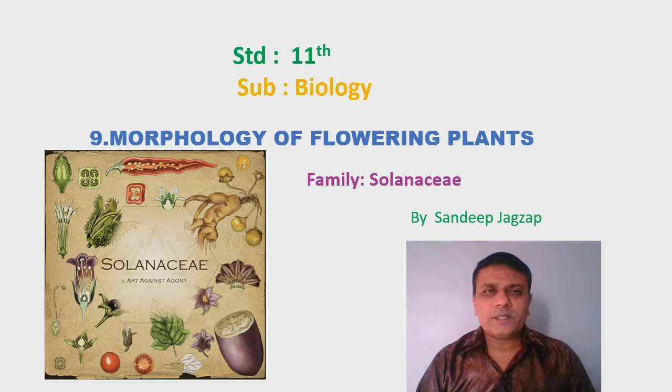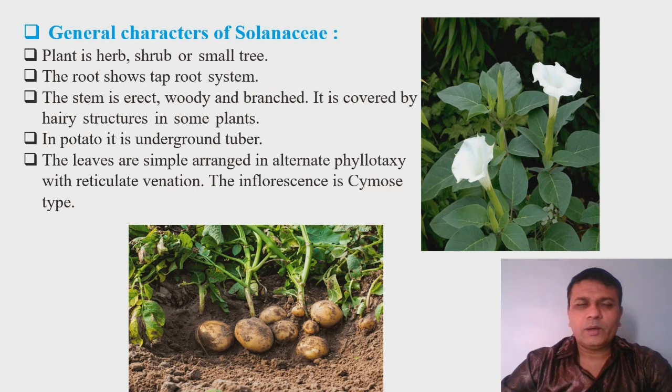Now, in this session, we are going to learn regarding the family, that is family Solanaceae. You know that there are different common examples of family Solanaceae, which include plants like datura plant, then potato plant.